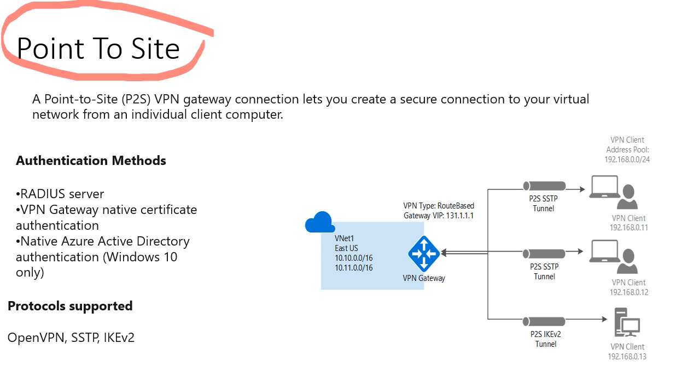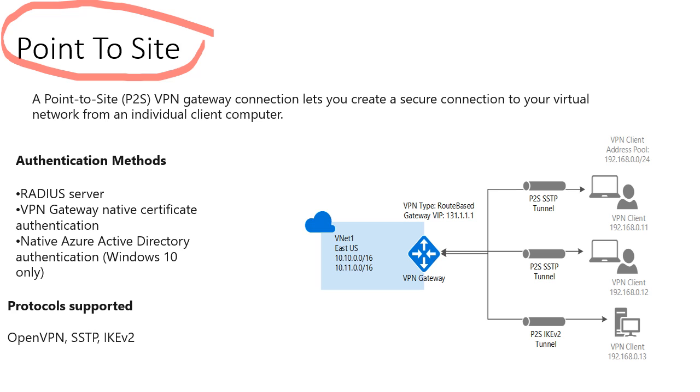Once it is set up, a P2S connection is established by a client computer. It will either have software installed by a group policy, or if you are testing, you can install it yourself, native, provided by Azure, native certificate authentication.